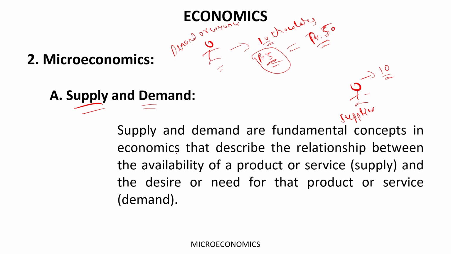These are the fundamental concepts in economics. They describe the relationship between the availability of a product or service and the desire or need for that product or service. So it is the demand and supply phenomenon.